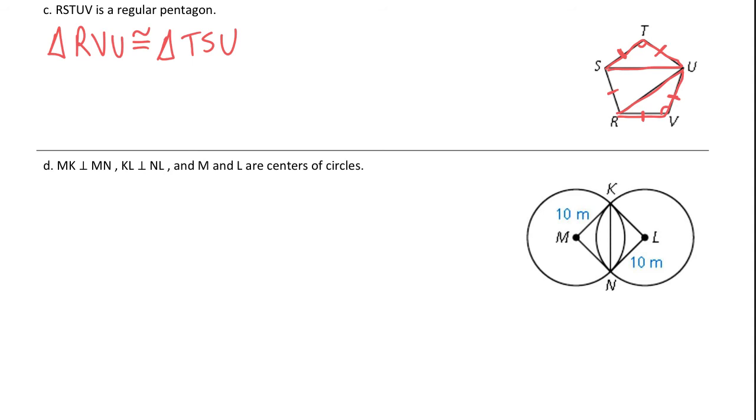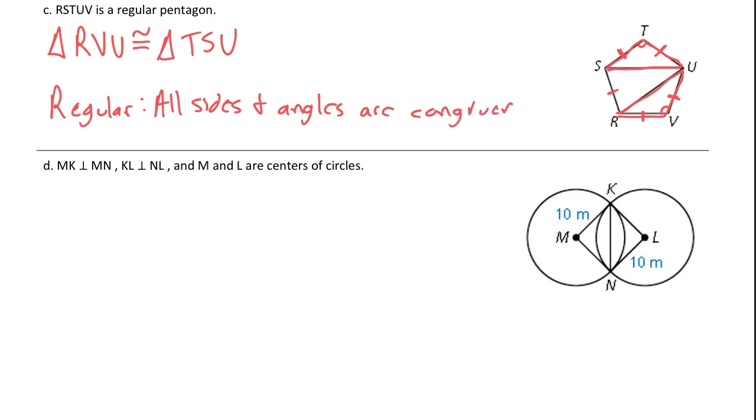And the reason I can say that is regular, remembering that meaning, all sides and angles are congruent. So it's some sort of explanation knowing the definition of regular. All sides and angles are congruent. So that's me just knowing the definition of regular and picking out two triangles I can assume are congruent.